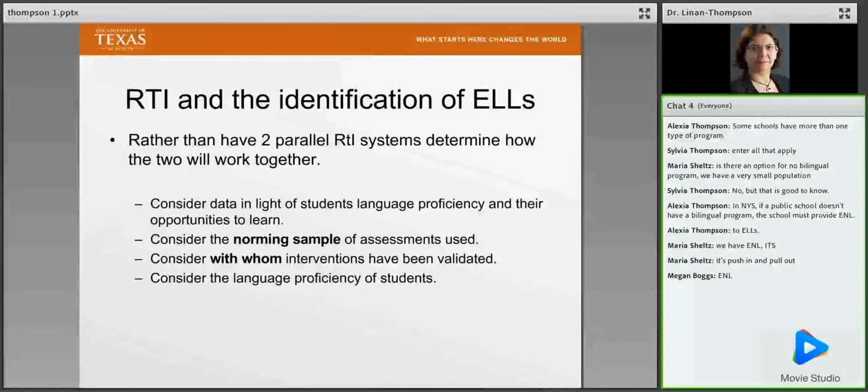The difference is going to come in how much time you spend on each of the components. So as I mentioned before, if it's a student whose language has a phonological system that's completely different than English, those students might need more time getting used to the sounds of English.